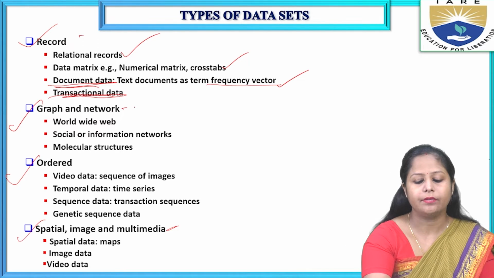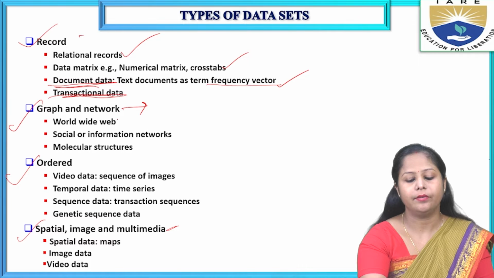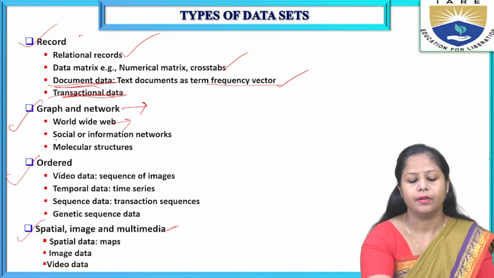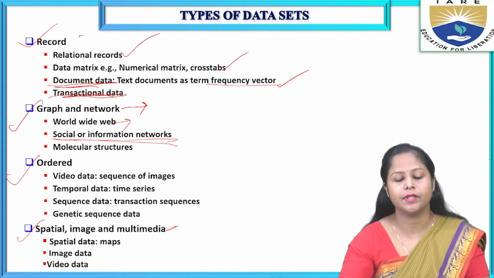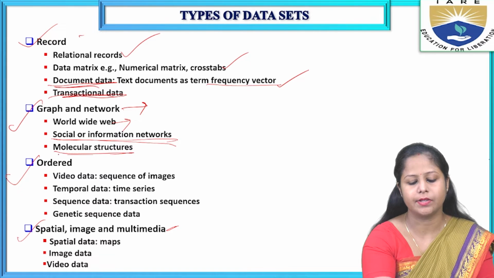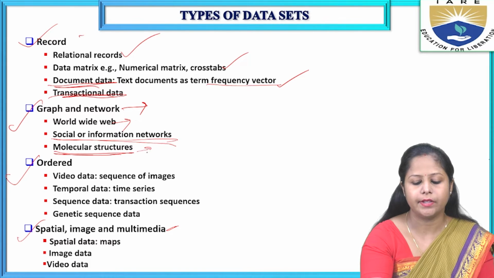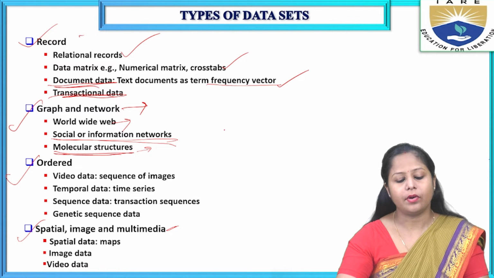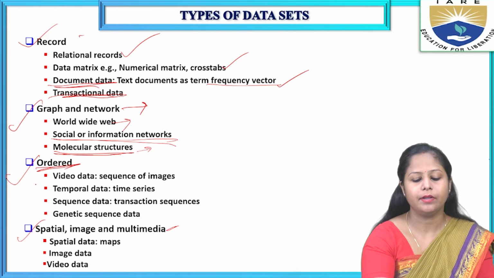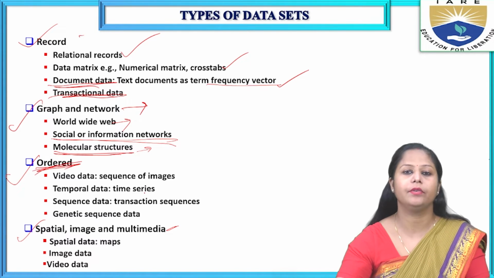What are graph and network data? The World Wide Web data, the social media and information network data, and the molecular structure data that is related to chemistry. We also have ordered types of data. What is this? The video data.